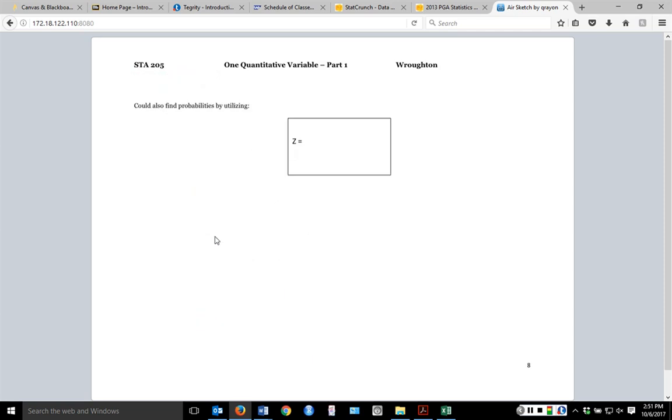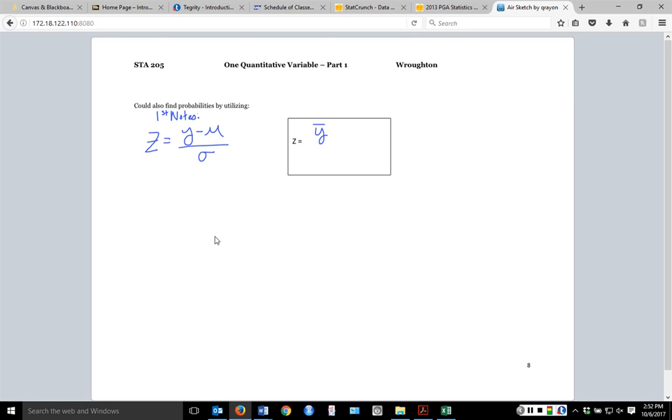What else I can start working with is a Z. In our very first set of notes, we had this Z was y minus mu over sigma. Now what our Z is going to look like, instead of y, we have a y bar.